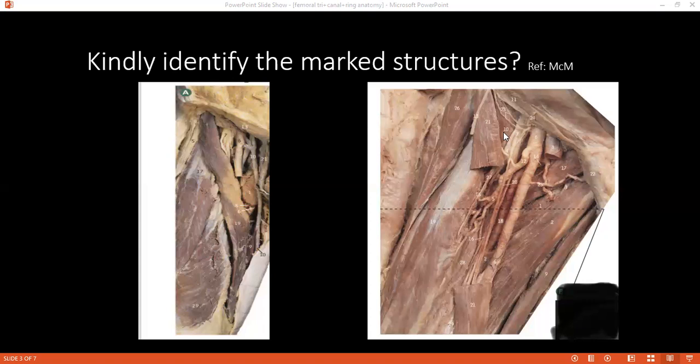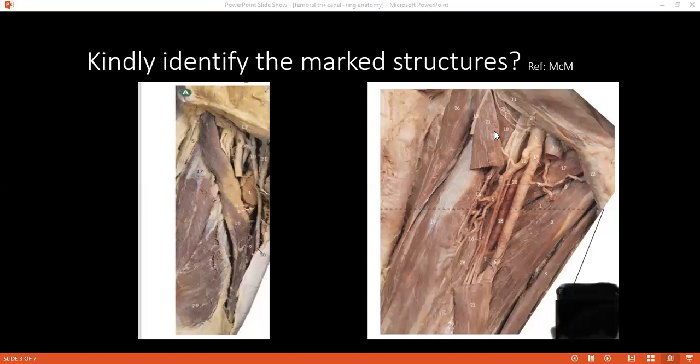Number 10. Now you have to imagine the floor of the femoral triangle. The most lateral is iliopsoas. Number 10 is the adductor longus, which is medial.